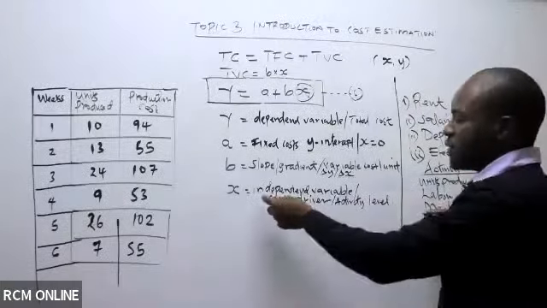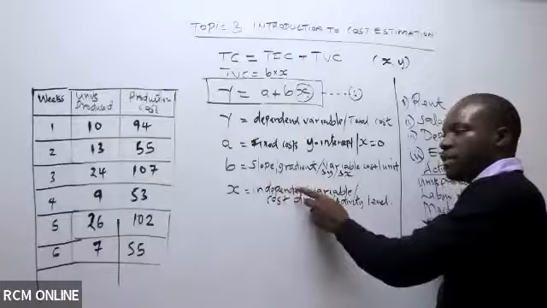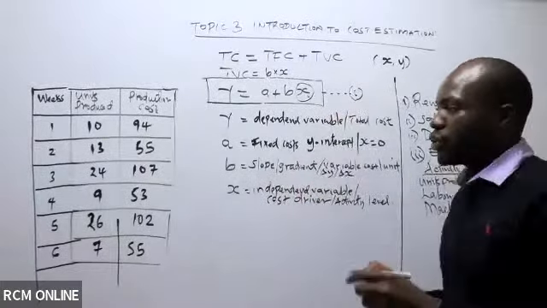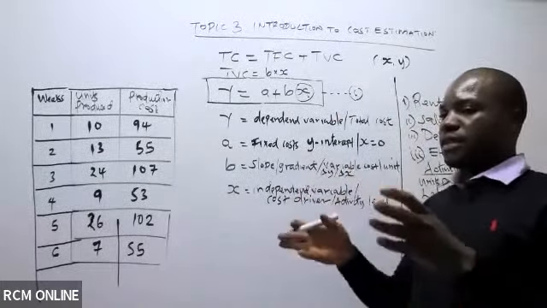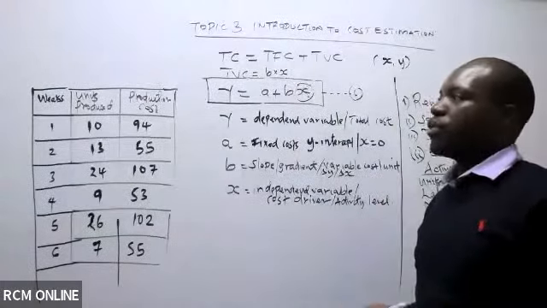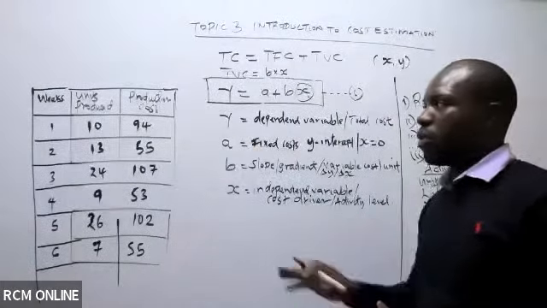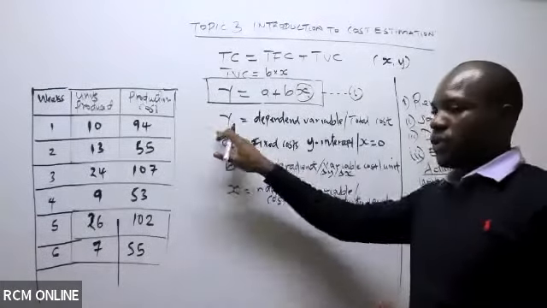So because of this first name here, independent variable, anytime we are told to come up with the pairs of the highest value and lowest values, we don't go to Y values. No, we go to X values because they determine what we are going to have. It is the independent. It does not depend on anything, but Y depends on X. So if you are told to give us the pairs of the highest values, go to the X column and look at the highest values.